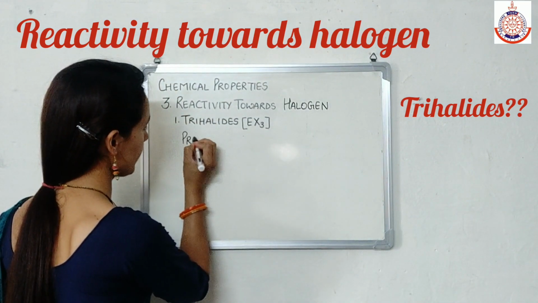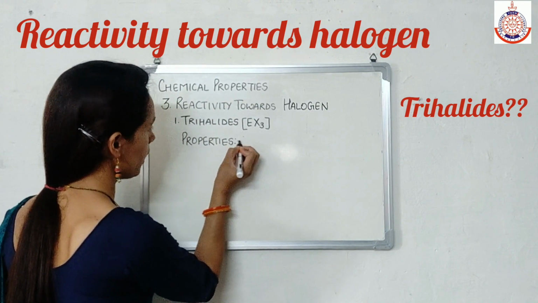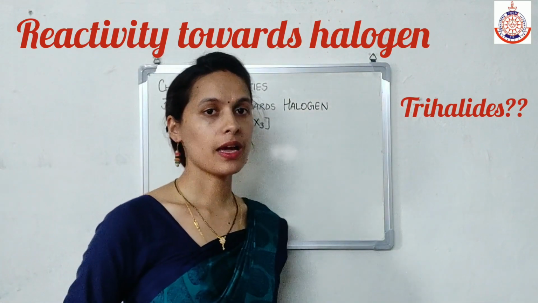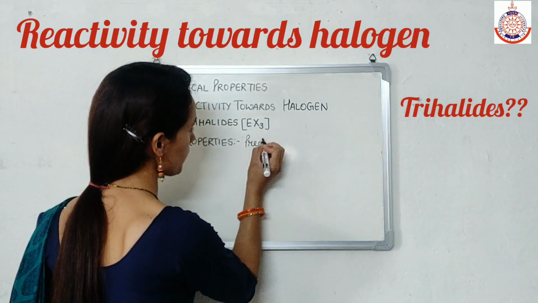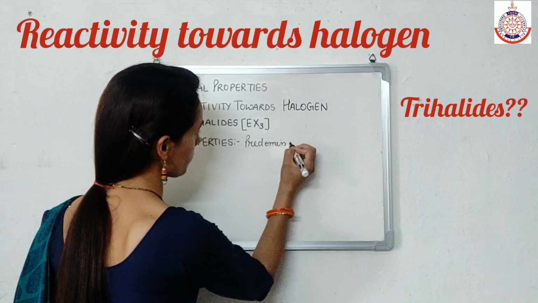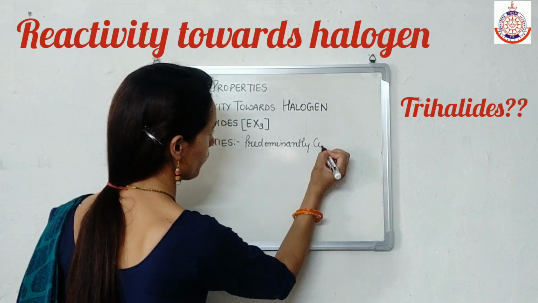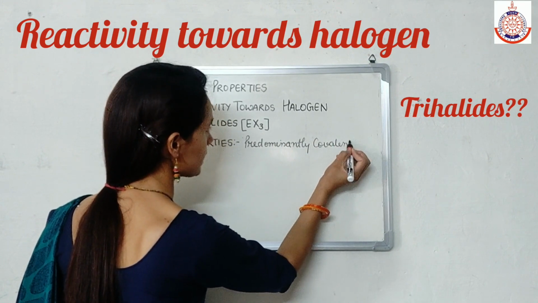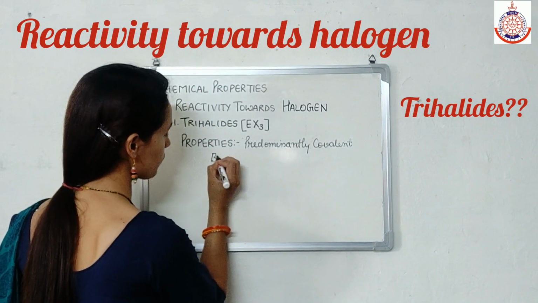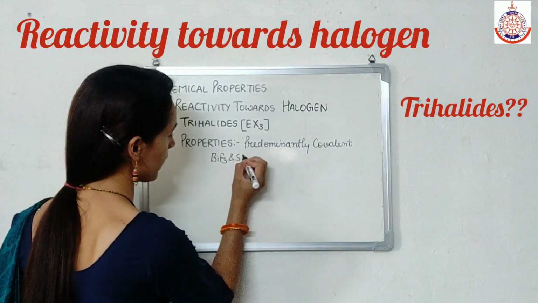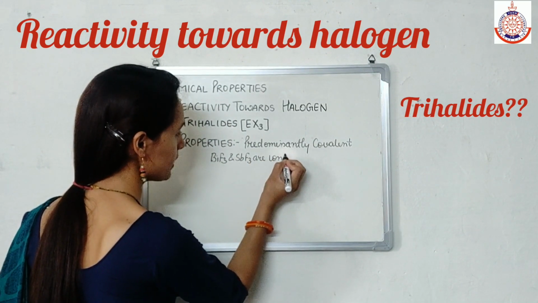Now the properties of trihalides. All the trihalides are predominantly covalent, and the ionic character increases down the group, as a result of which BiF3 and SbF3 are ionic, whereas the rest are covalent in nature.